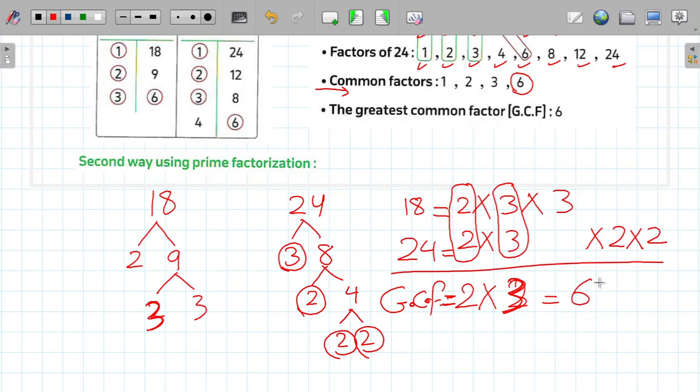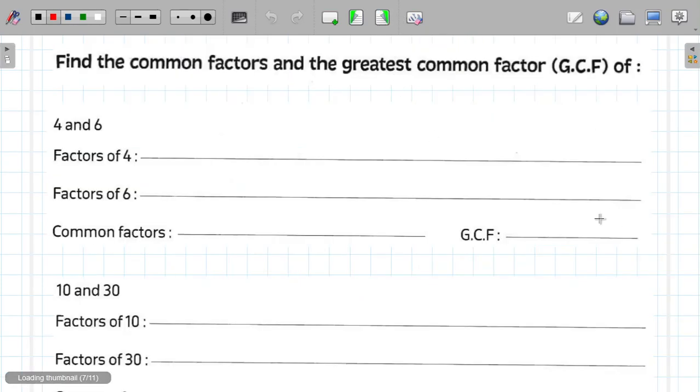Okay, let's try one example like this. I have 4 and 6 and I want to use the listing method. So first I wanted to find the factors of 4, so I have 1, 2 and 4. Next I have the factors of 6, so it will be 1, 2, 3 and 6.